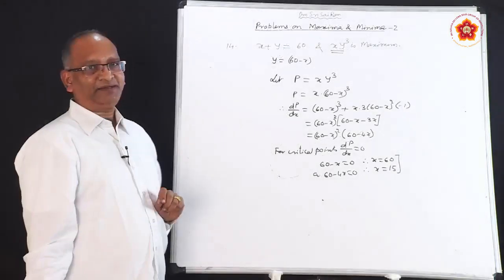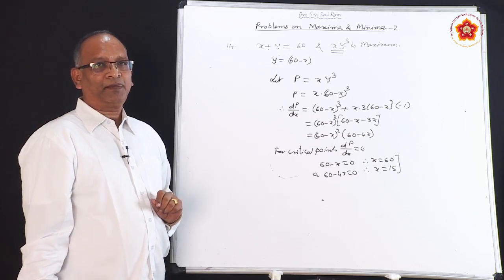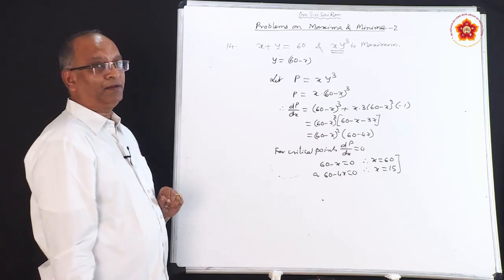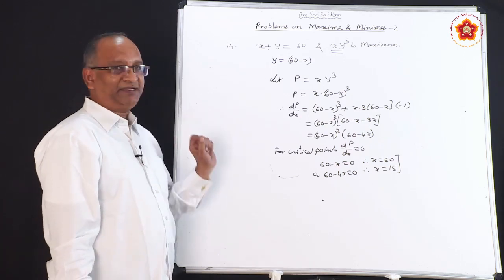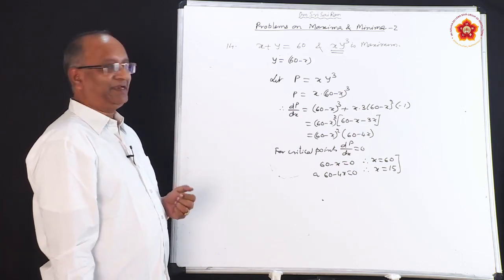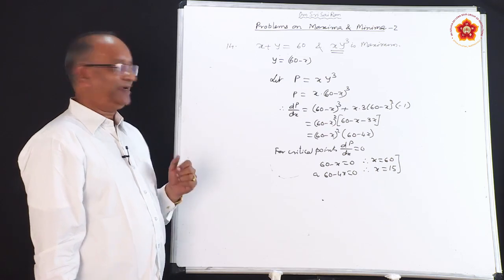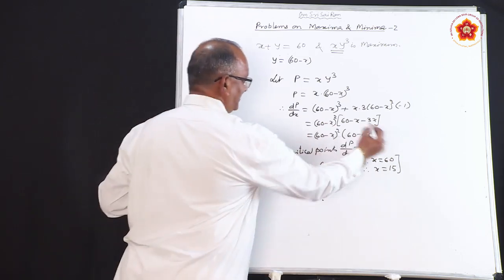Two values we get. Proceed. How do we proceed? Find out the second derivative. How do you find out second derivative? By differentiating this.